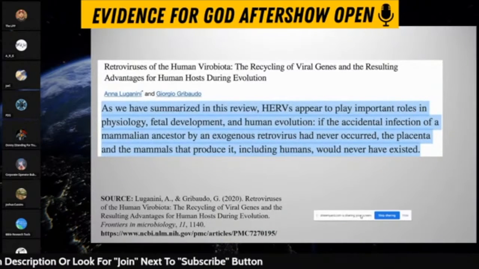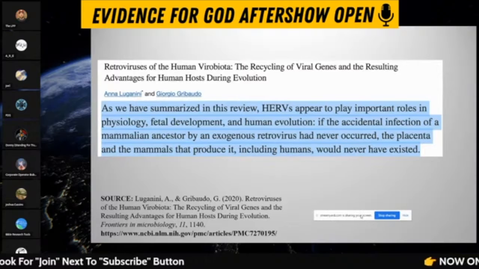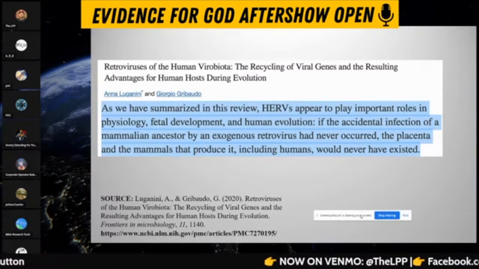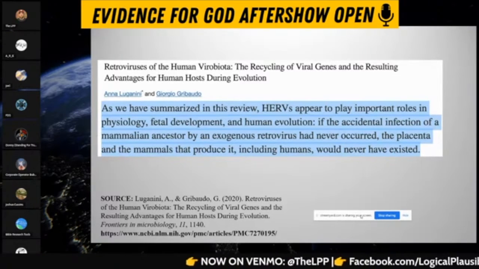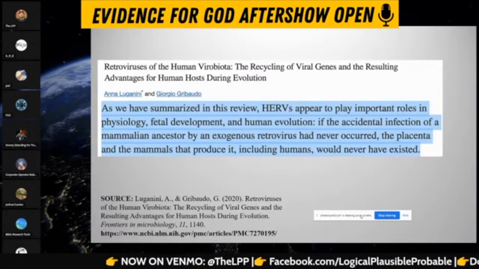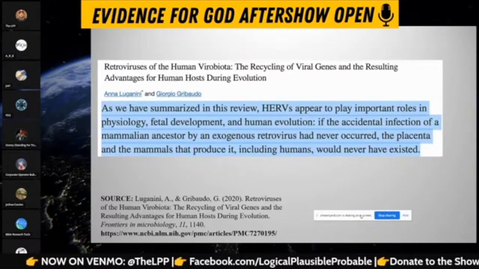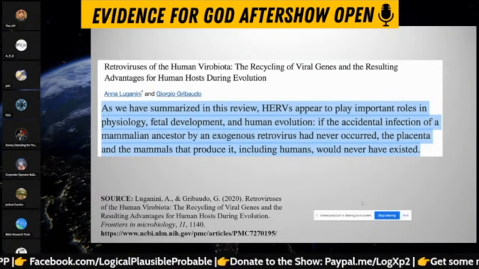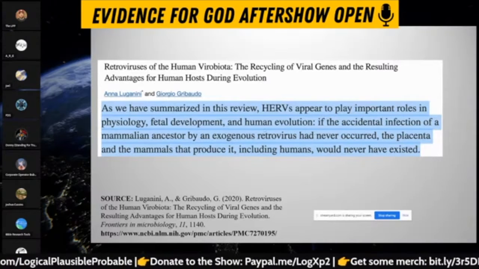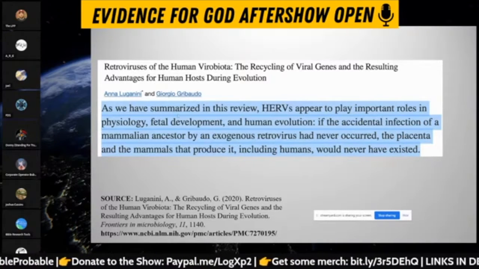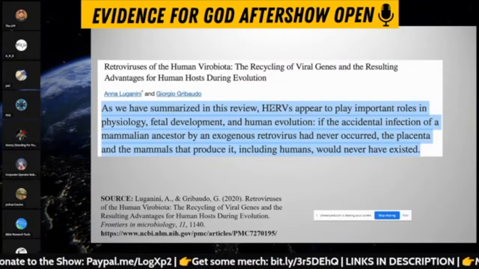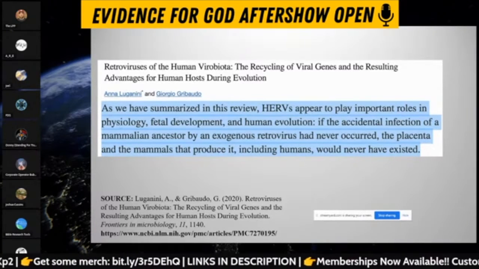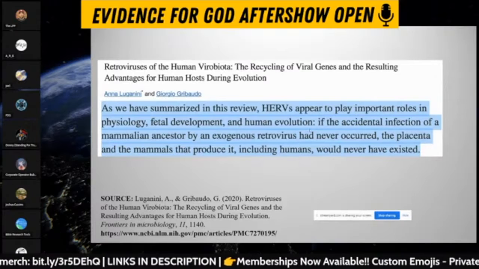Okay, so here's just one out of 100 I could show you, but I like this one specifically, especially for your lay person that may or may not be familiar with endogenous retroviruses as evidence for common descent. I find this excerpt rather interesting. Here we see HERVs, human-specific ones, appear to play important roles in physiology, fetal development, and human evolution.